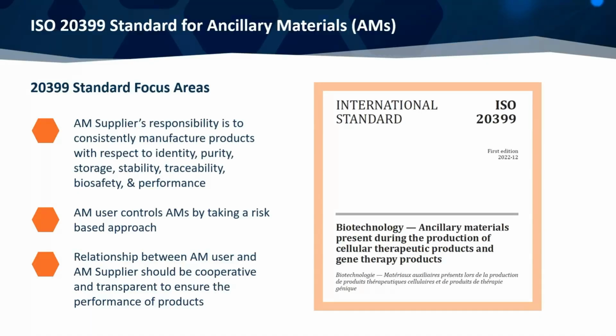The AM user, the insulator material user, controls the insulator materials by taking a risk-based approach. What's a bigger risk than collagenase that affects everything you do in any enzyme-mediated cell isolation procedure? And in fact, the relationship between the user and the supplier should be cooperative and transparent to ensure performance of the products.